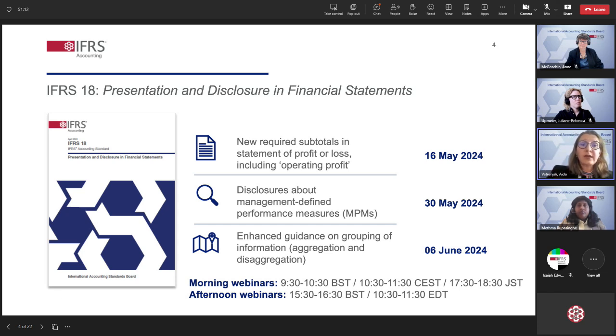The first relates to creating structure in the statement of profit or loss, by requiring companies to present two new defined subtotals. These requirements will provide a consistent and comparable starting point for investors' analysis and help investors compare performance between companies, in particular using the operating profit subtotal that is now going to be defined and therefore comparable.